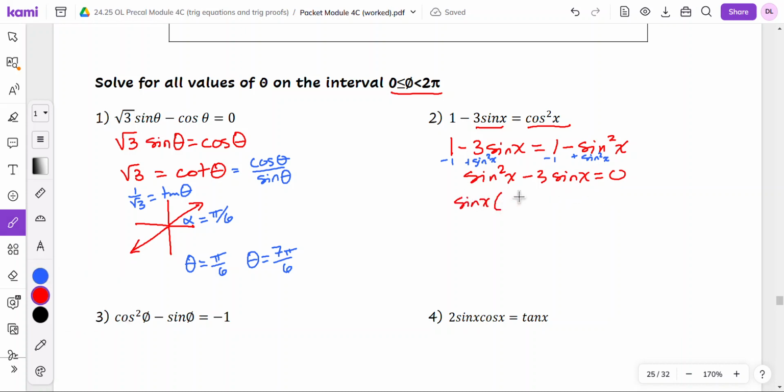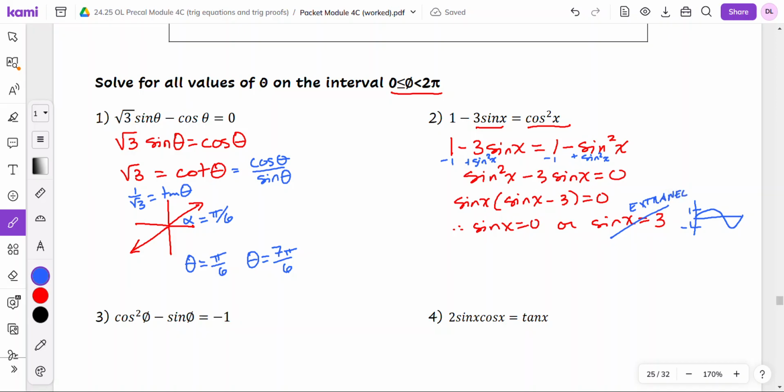So that's sine of x times sine of x minus 3, that needs to be 0. Therefore the sine of x is equal to 0, or the sine of x is equal to 3. However, we know that's not possible because sine of x goes between negative 1 and 1. So this is an extraneous solution.